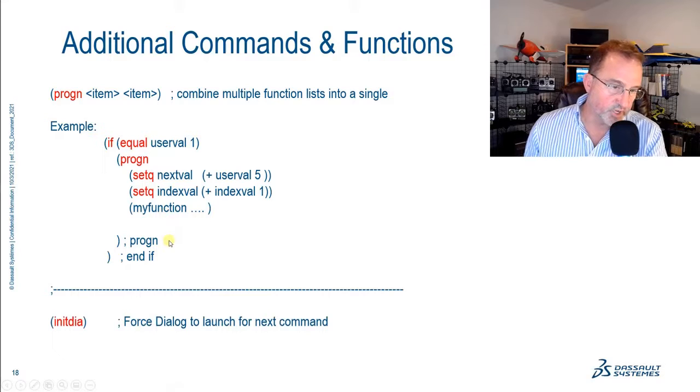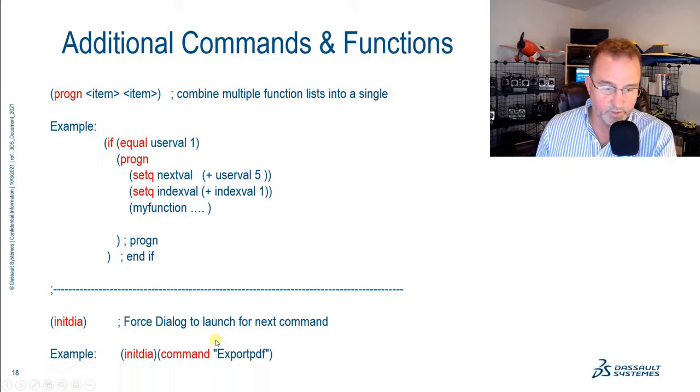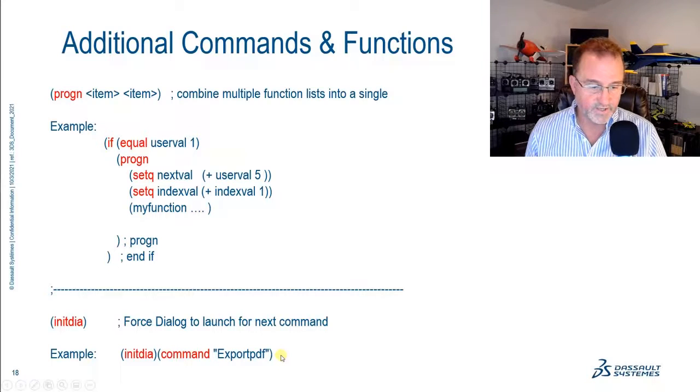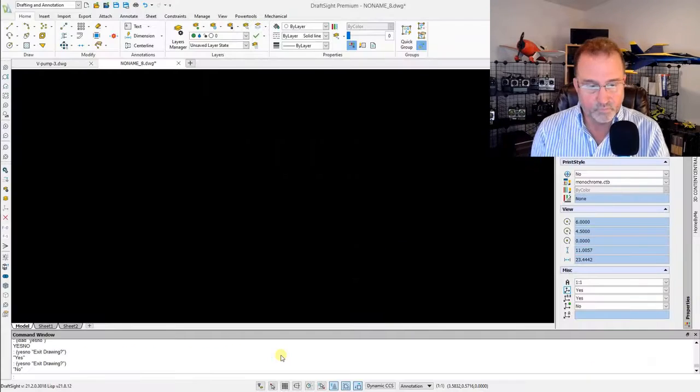The other function I do want to show you is something called initdia. It's short for initialize dialog, and in some cases we have commands that require the dialog to be initialized for the command to work. Let me give you an example. There's a command called export PDF, and if we try to create a Lisp routine to launch it, it actually won't launch properly.